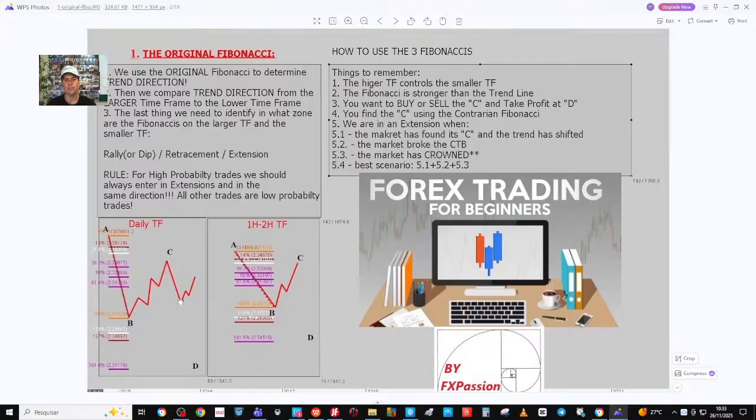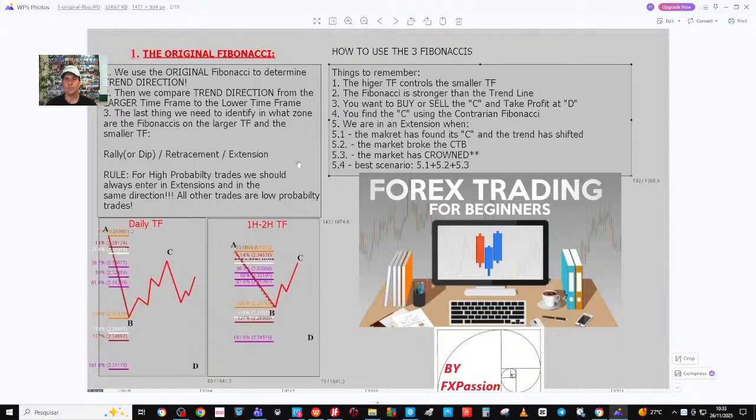And it's making lower lows. But the 1 hour chart time frame that you are trading has a down ABC, but the market is in a retracement, right? The daily time frame is in an extension. The 1 hour, 2 hour chart is in a retracement. Alright, everybody?